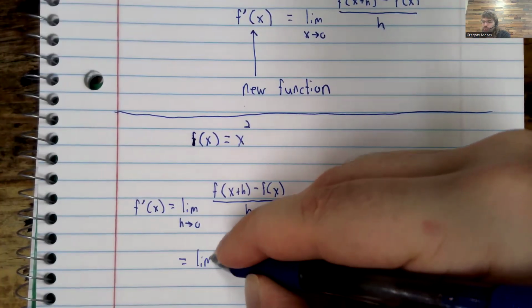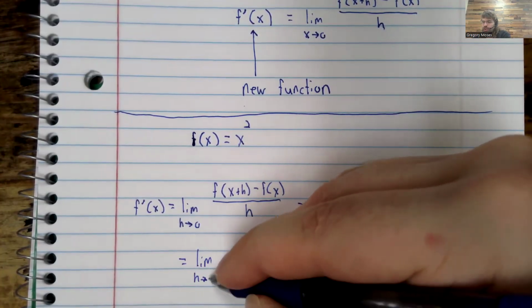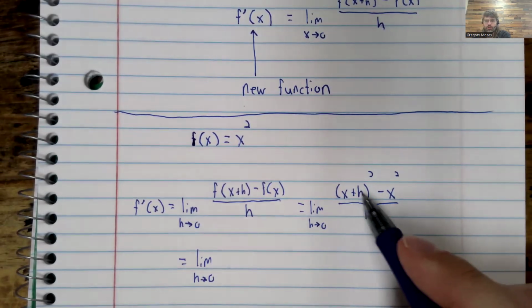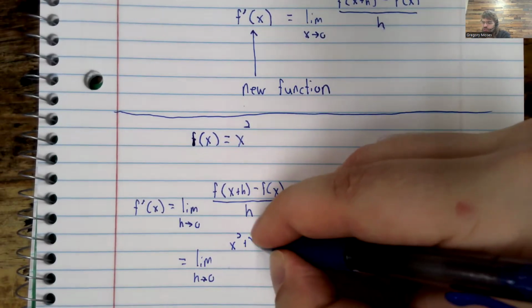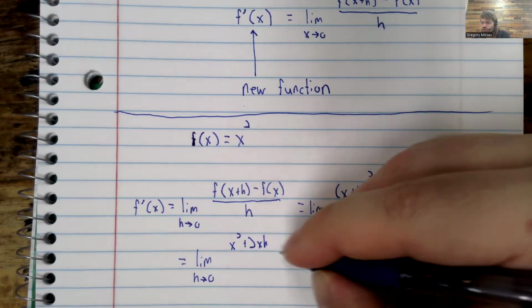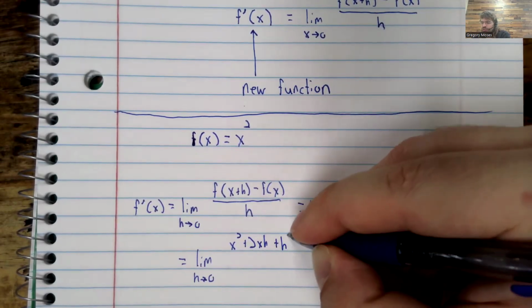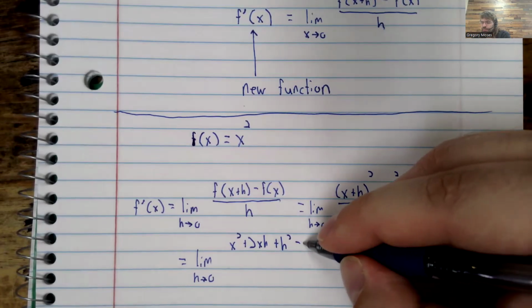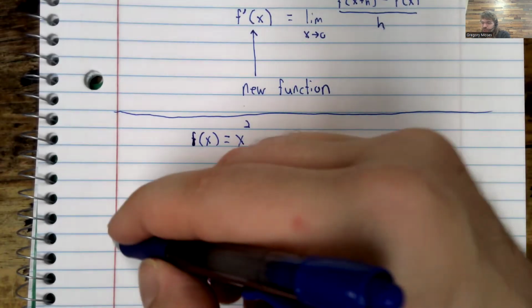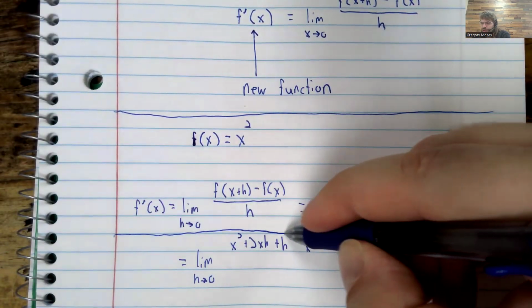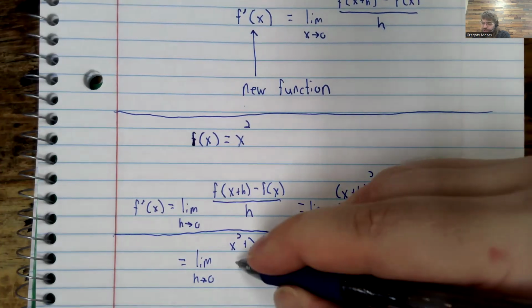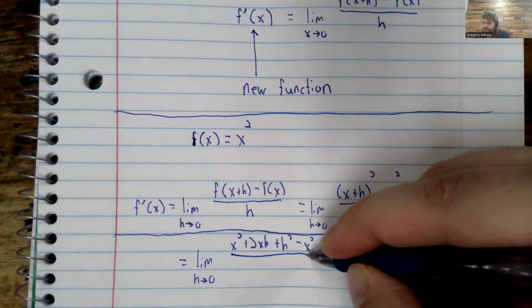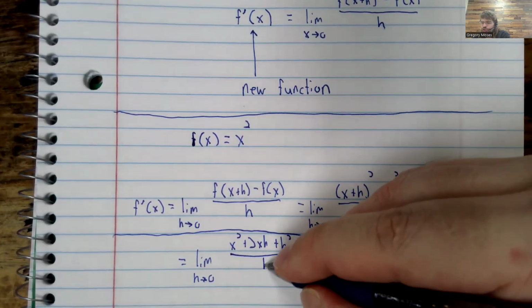We FOIL the quadratic. x squared plus 2xh plus h squared. We've got a minus x squared. Let me put a line to separate these. We're dividing by h.